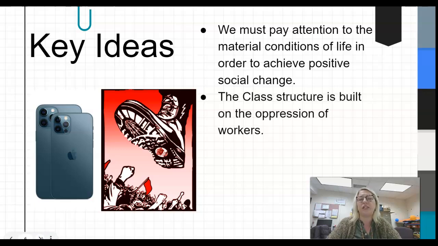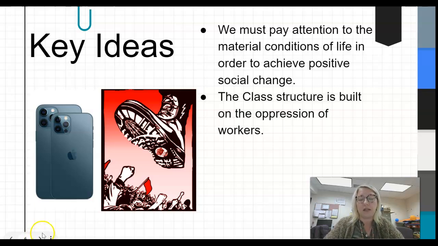The class structure is built on the oppression of workers, according to Marxism. And so it is not fair because the workers have the burdens. They suffer the worst life and have to work the hardest, and in the end have the smallest gain from the work that they do.